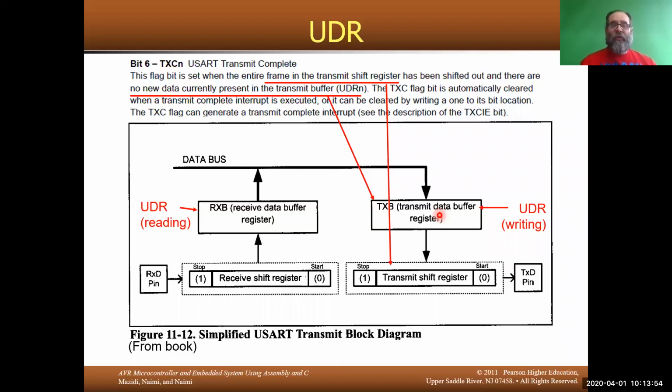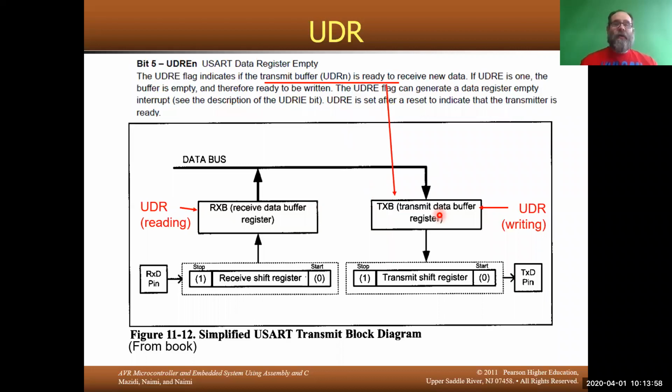The other piece: when you finish transmitting a character, there's a character in the data buffer. So I finish transmitting a character, the character in the buffer is loaded into the shift register. I can now throw another character in here.